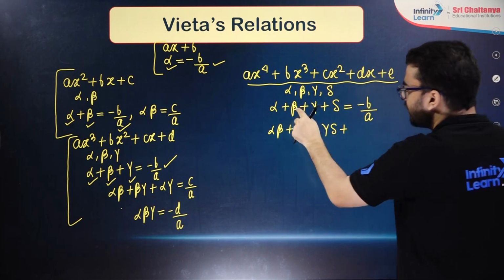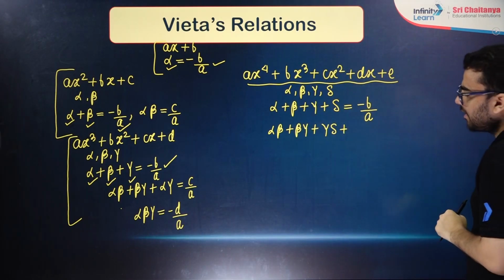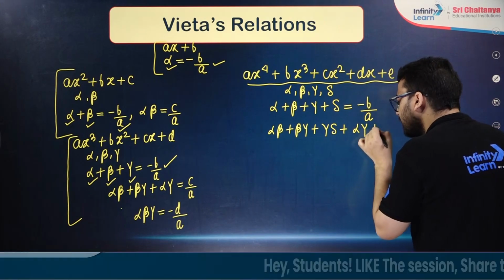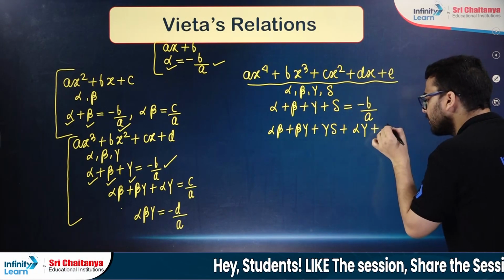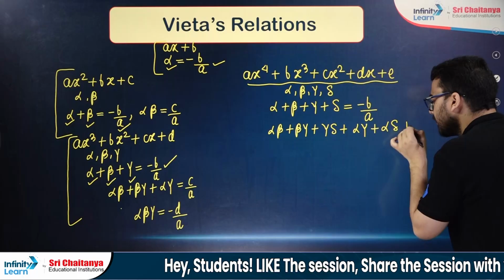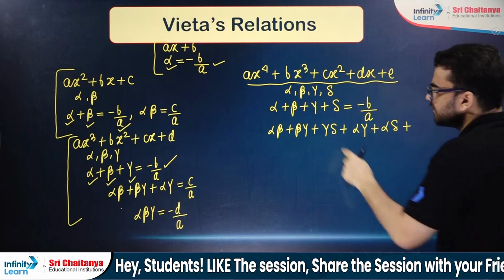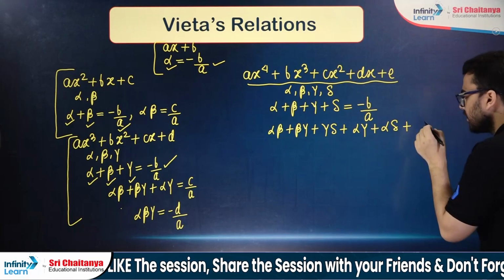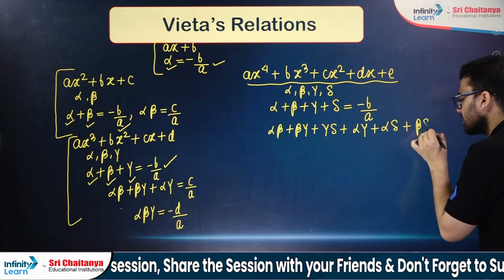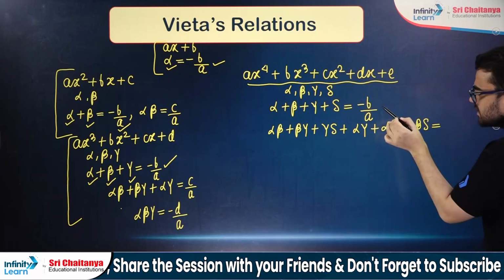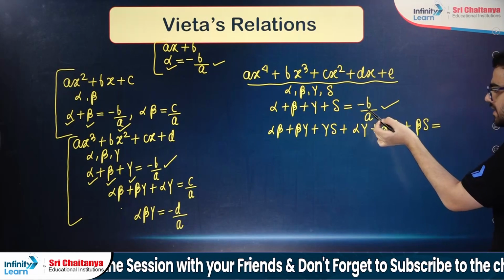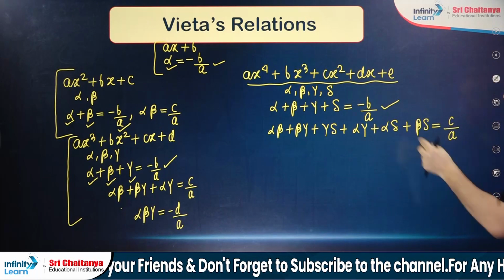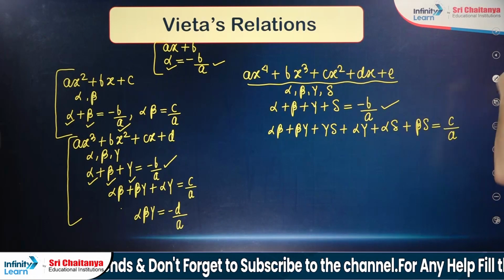You see alpha beta, beta gamma, gamma delta, then you can write alpha gamma, you can write alpha delta, and then if you start with beta, you can write beta delta as well. Now what is the pattern? It was minus b by a, the sign will change to c by a. See the pattern: minus b by a to plus c by a.